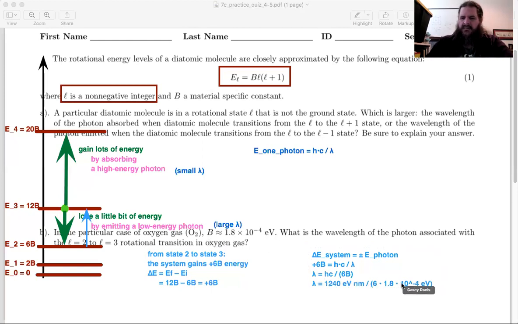Dividing by 10 to the negative 4 is the same as multiplying by 10 to the positive 4, which is just 10,000. Electron volts cancel out. We'll be left with nanometers, and we've got 1240 divided by 6 times 1.8, which is that just 9 point something? 9.2, I think.